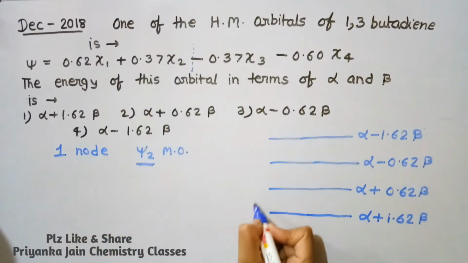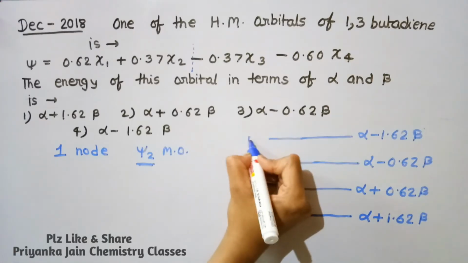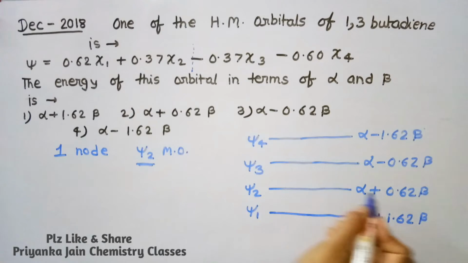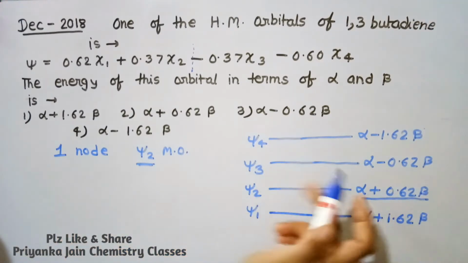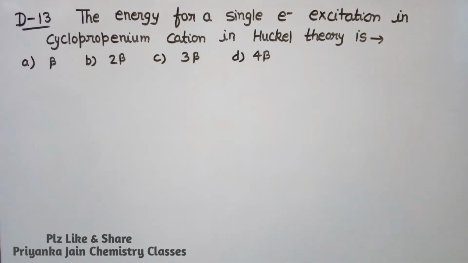So we have to see this is psi1, this is psi2, this is psi3, and this is psi4. It means in this case there is one node, so this is the energy level. It means the energy level is alpha plus 0.62 beta, right? This one.